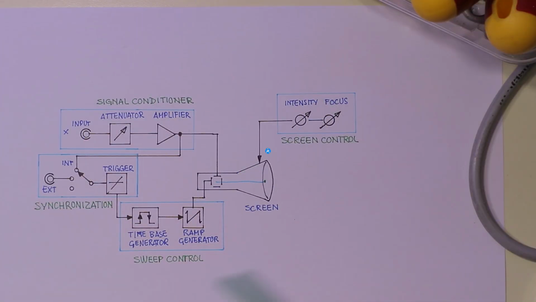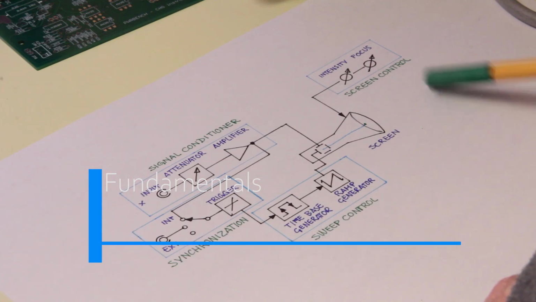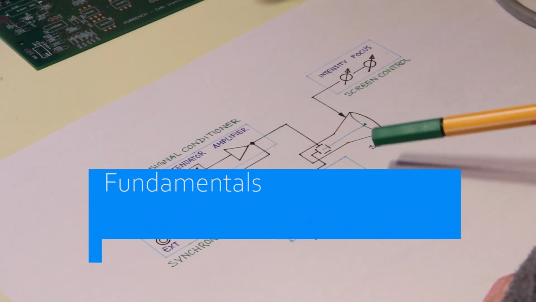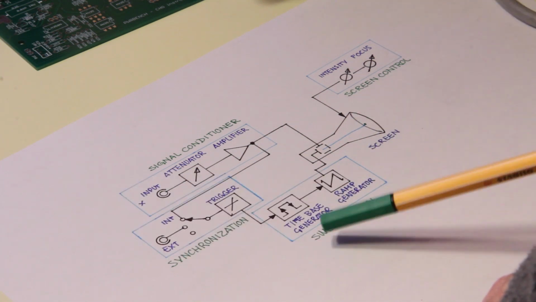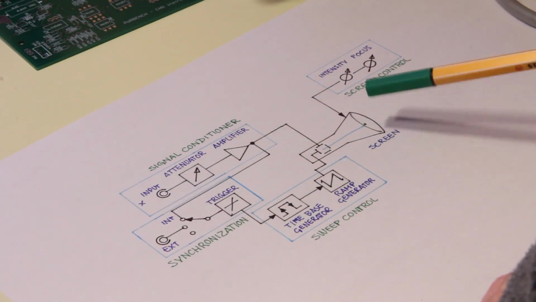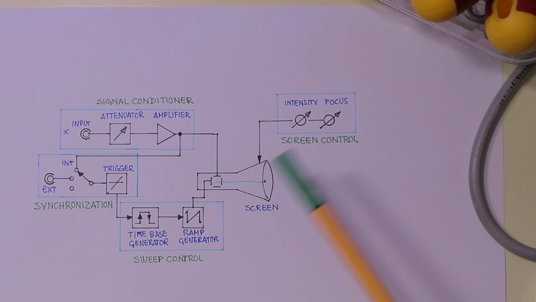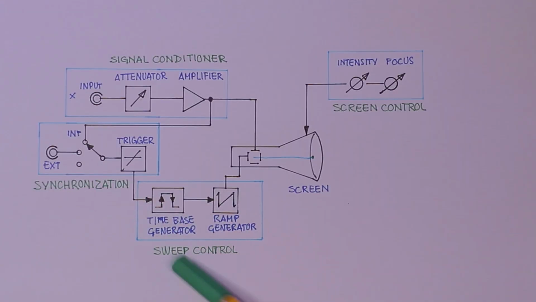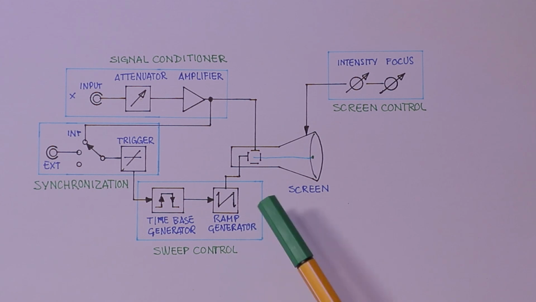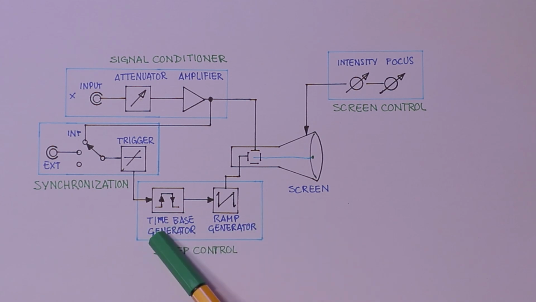These are the fundamental parts of an oscilloscope, the fundamental blocks, and this is specific to the analog oscilloscope. I start with the analog oscilloscope because it is better to understand the basics. Here we see the sweep control, which is formed by the time-based generator and the ramp generator.